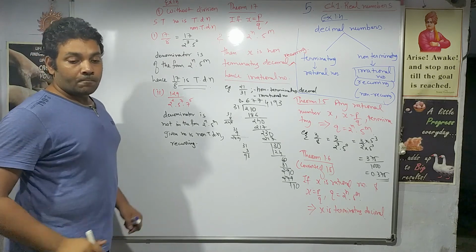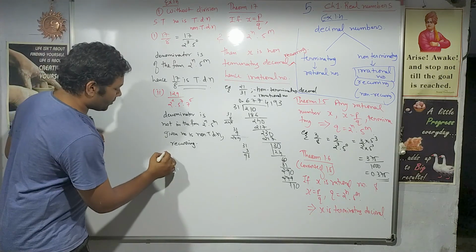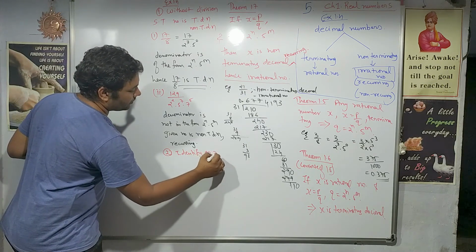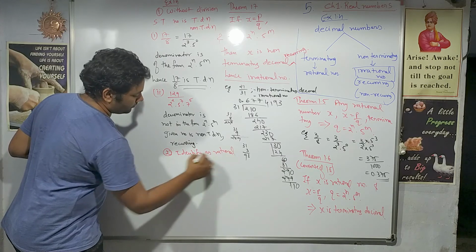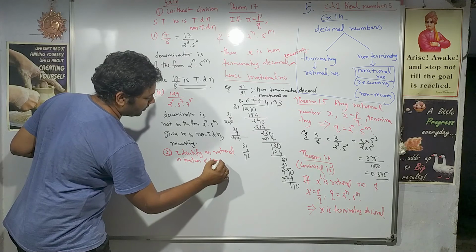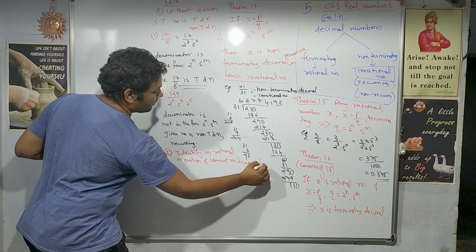Let us take the second question, right? Identify as rational or irrational and comment on the denominator. So what kind of denominator will it be, right?